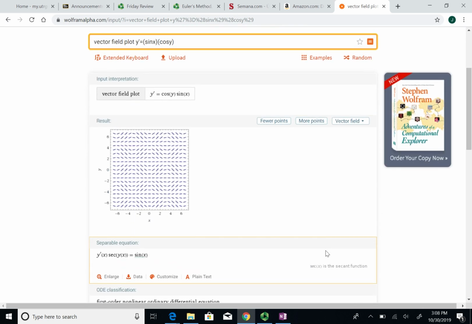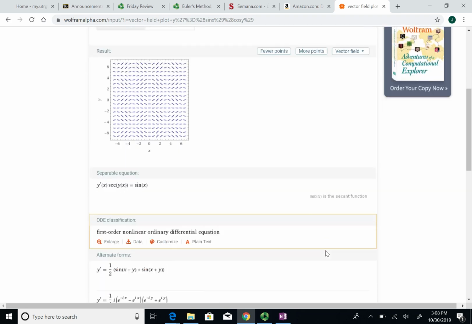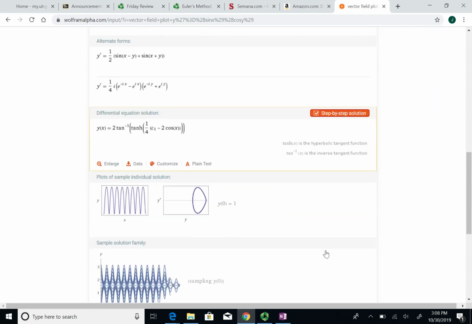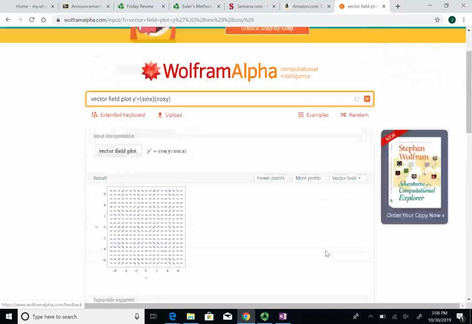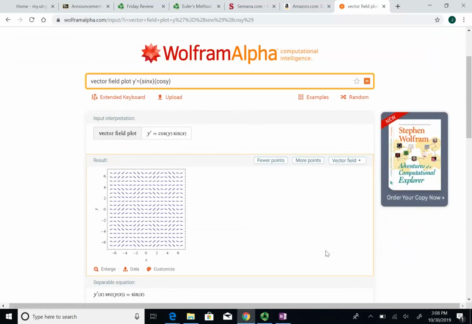For some reason it's not giving me the code. Oh, okay. But anyway, I will show you how you can do this in Mathematica. But I want to give you also this Wolfram Alpha because it's the same thing.